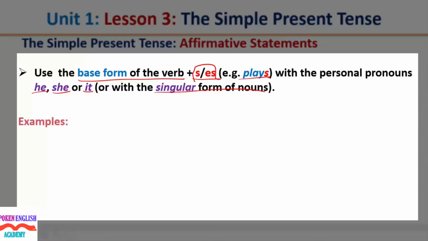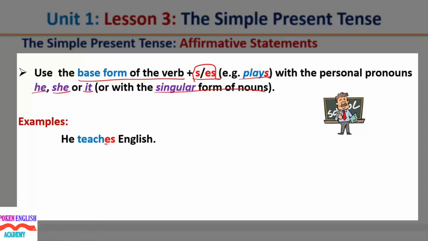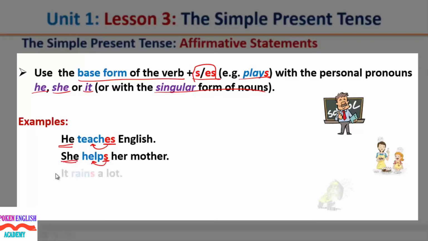Examples. He teaches English. Notice here that we add es to the verb because the subject is he. She helps her mother. Notice here also we add s to the verb because the subject is she.